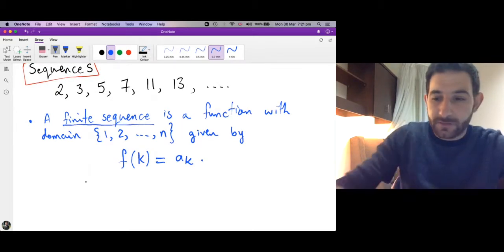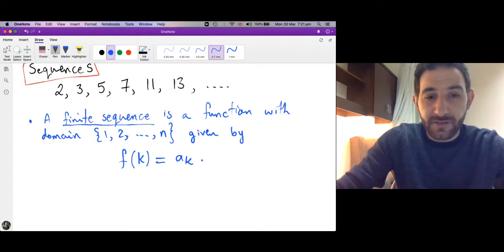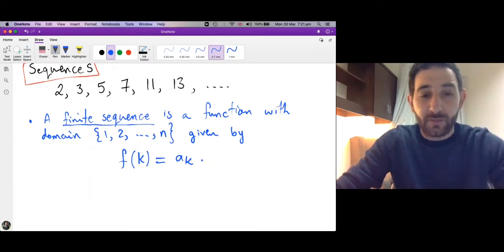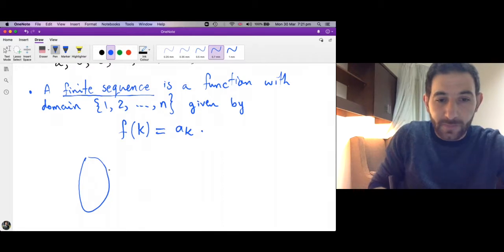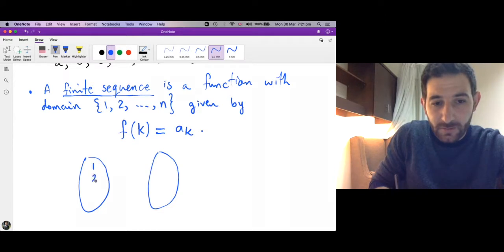Why does this function give us a sequence? We want it to be an ordered list. This is the domain of the function, and this is the codomain of the function. The domain is the set containing 1, 2, up to n.